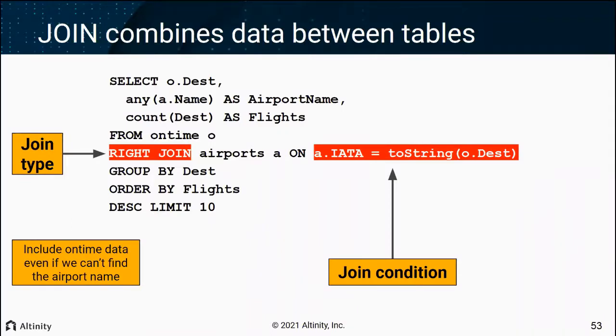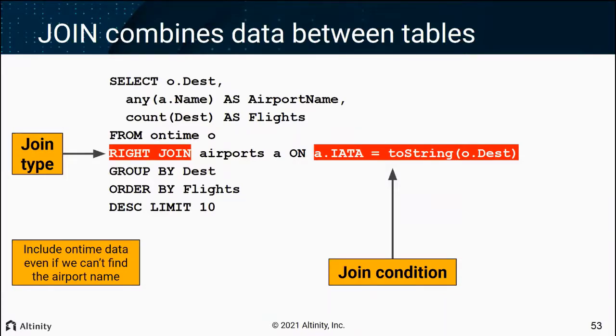By default, we'll only see the rows where there's an exact match between the values, where the airport table has a value and the on-time table has a value. There are cases where we don't want that behavior. Let's say that the airport table were incomplete.